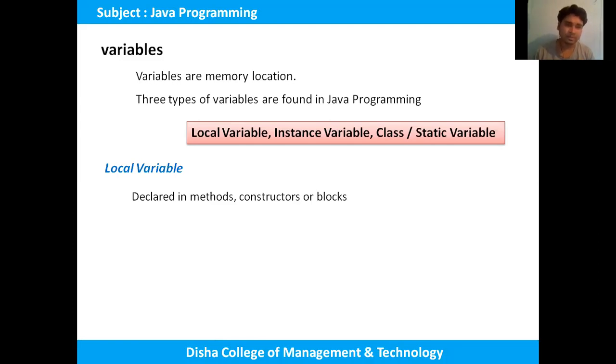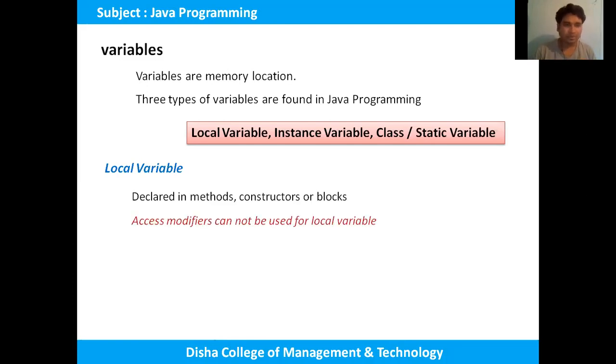That variable only exists within that block or limit. If a method contains a variable, then the life of that variable is within that method only. We cannot access that variable outside of the method. The same happens in the case of constructors and blocks as well.